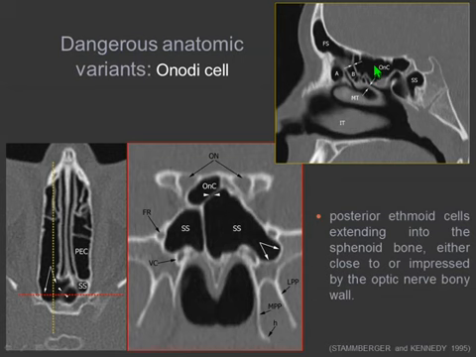In this case, there is an accessory pneumatization of the sphenoid sinus, resulting in a chamber that is located on top of the sphenoid sinus. Why is this important?